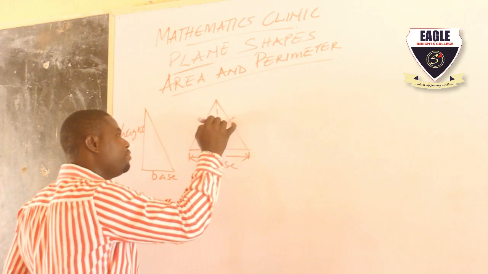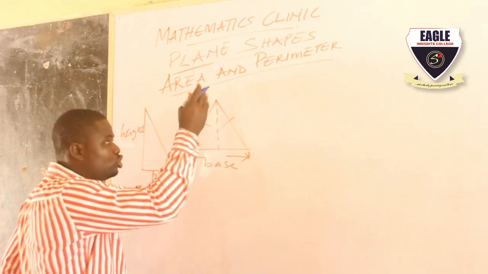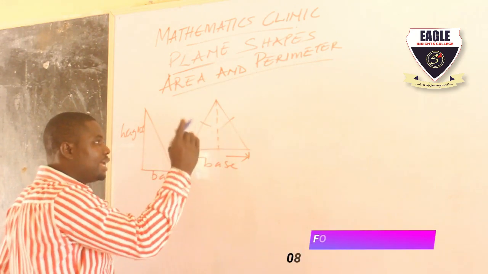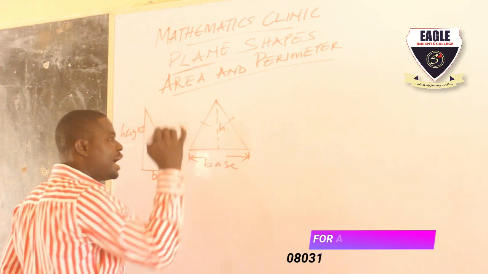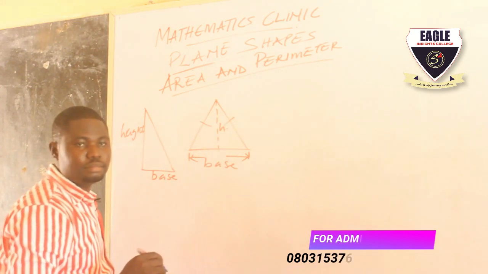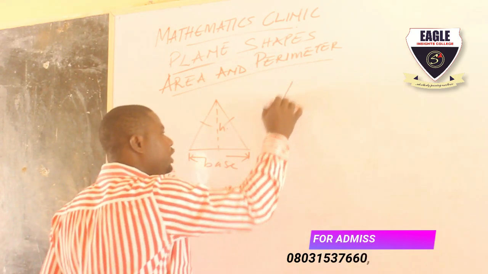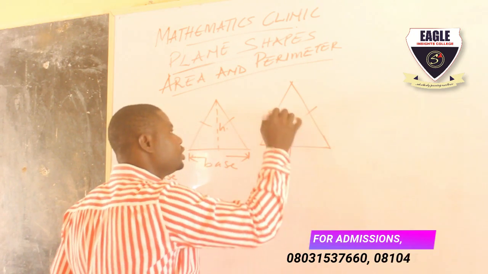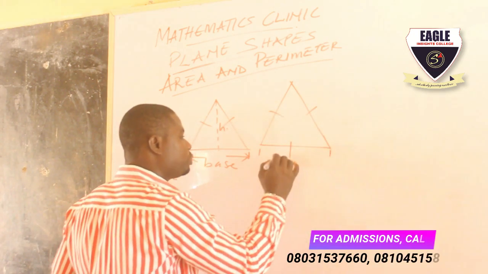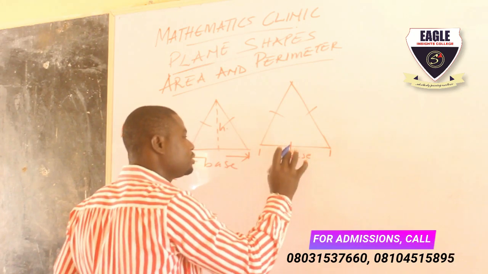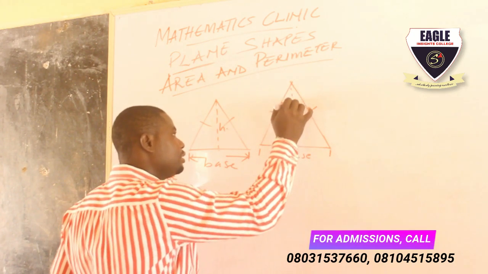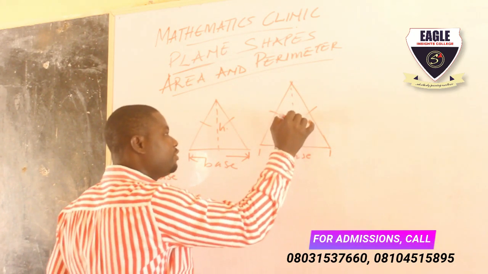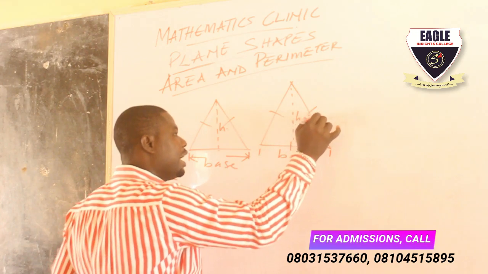And if I have a line drawn through the center, it gives me the height. The same thing with an equilateral triangle. From this point to this point, I call it the base, and I have this line giving me the height.